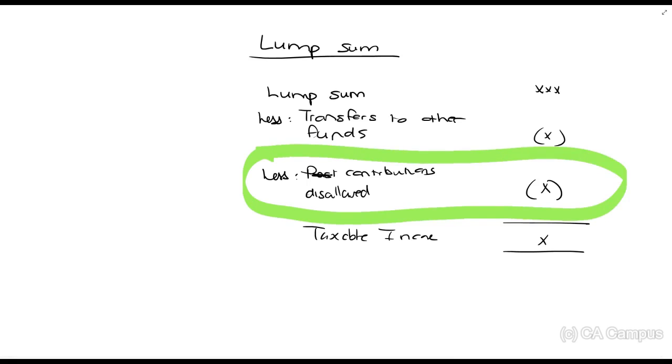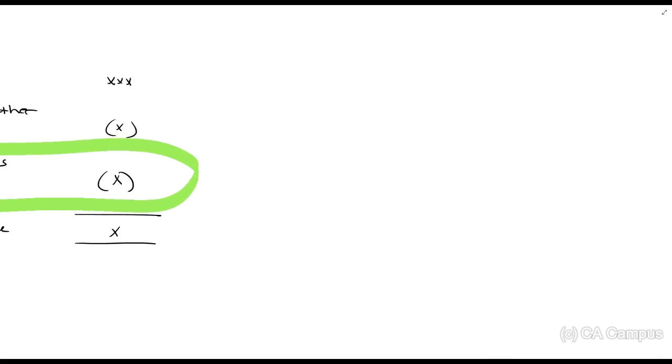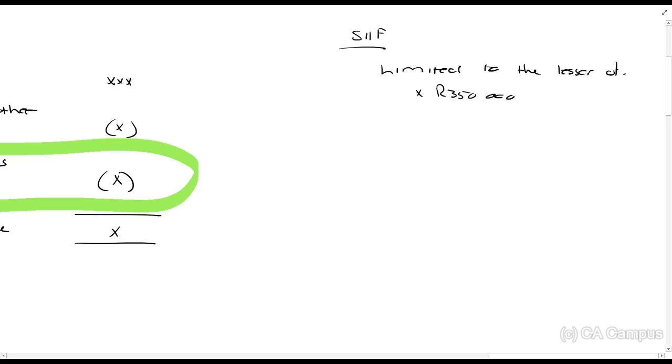That past contributions, just as a reminder, if you remember section 11F, it says it's limited to the lesser of 350,000, 27.5% times greater of remuneration, taxable income, and then taxable income.